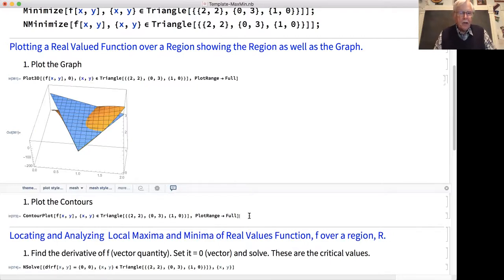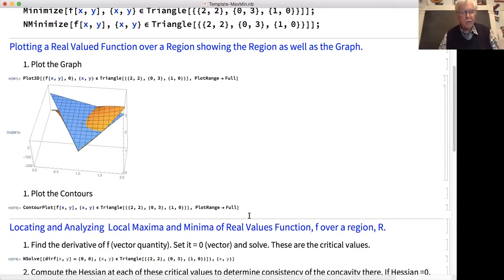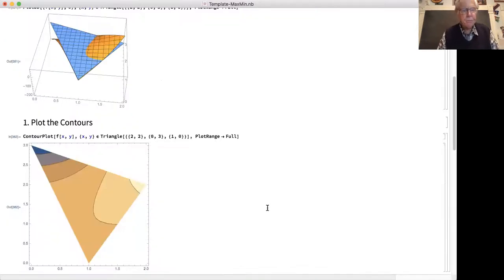We can also look at a contour plot just over this triangle. So here is a plot over the triangle. So the triangle that you see here is the blue triangle above. And the one contour that you see here between dark gold and light gold is exactly the 0. And you can see this when you hover over it.